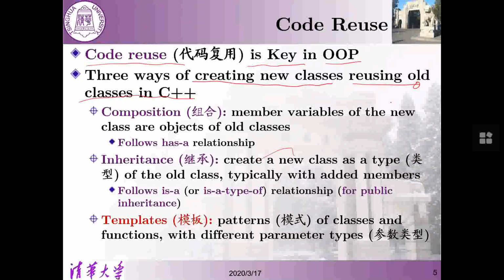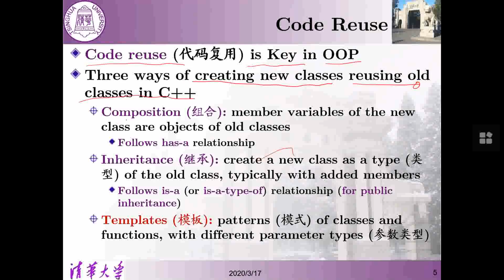Always incrementally define your new class so that few bugs will be introduced. This is the key of OOP design. Always try to reuse your old code because this code should have been well tested. If you are a designer, I believe you have tested it well. Then you can incrementally define new classes. So this is the key.